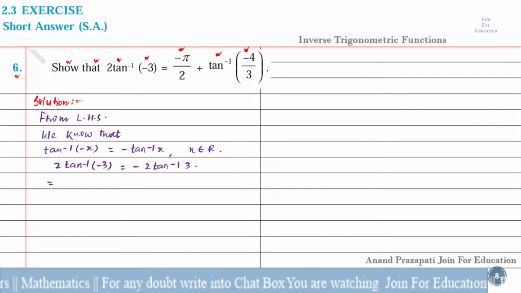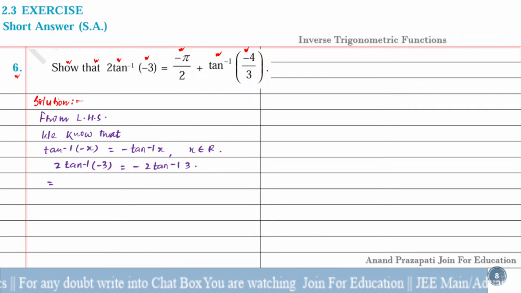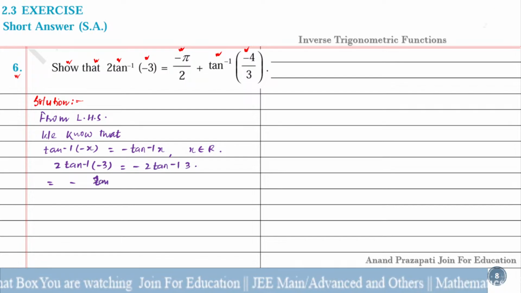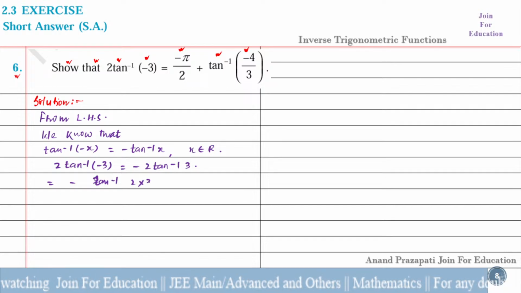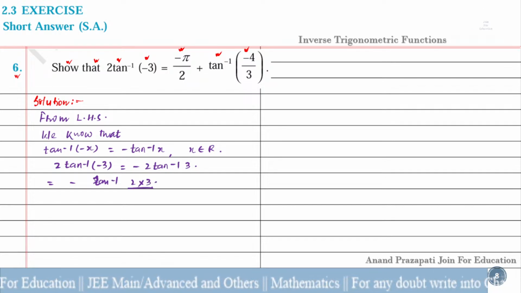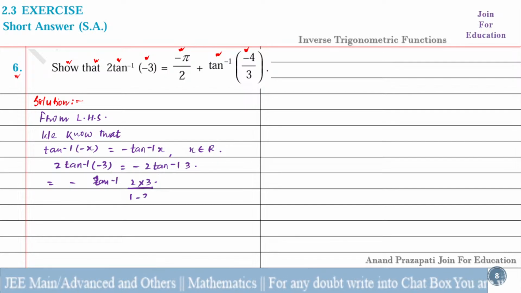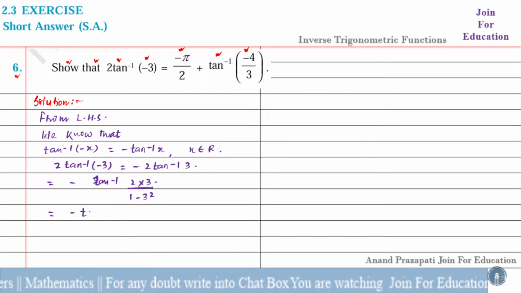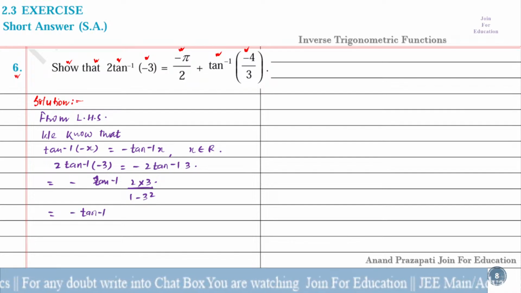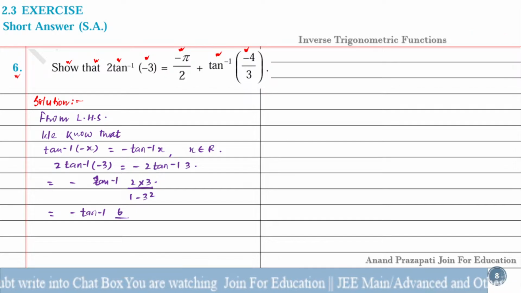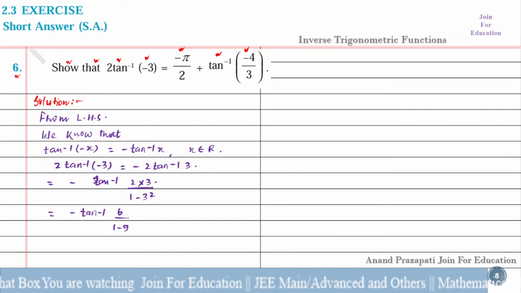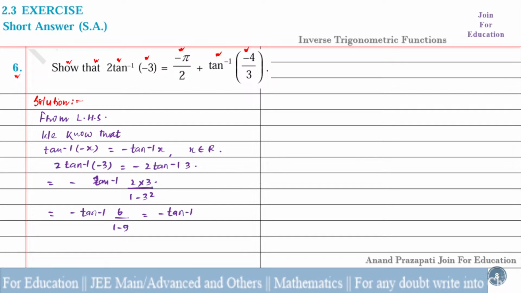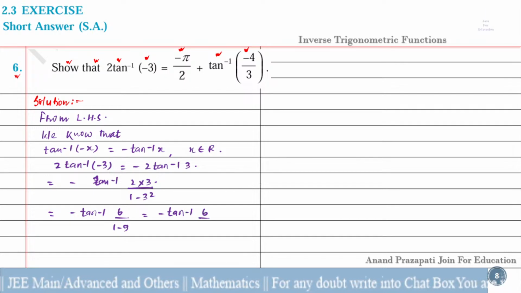So here will be minus tan inverse of 2 into 3 by 1 minus 3 square, equal to minus tan inverse 6 by 1 minus 9, equal to minus tan inverse 6 by minus 8.